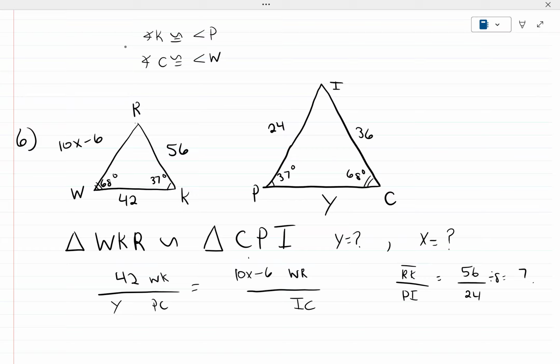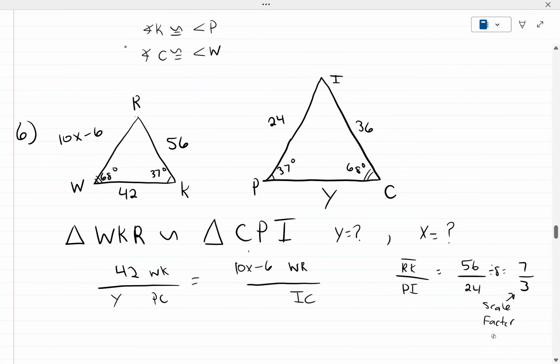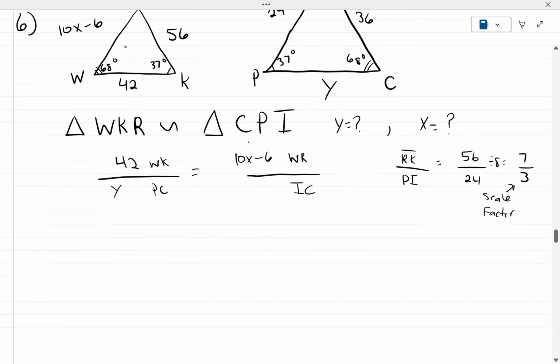So that's going to be 7 over 3. This is going to be our scale factor. Because we have two unknown letters, we can't just cross multiply. We'll just set each proportion to 7/3. So starting with 42 over Y, it can be expressed as 42 over Y equals 7/3.